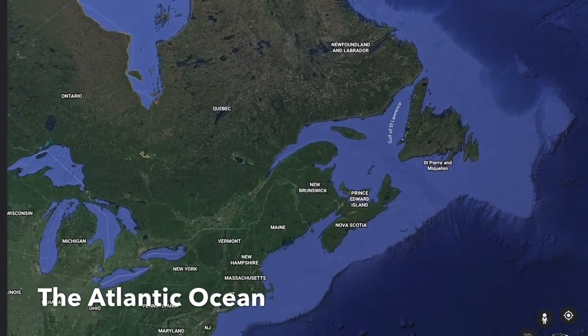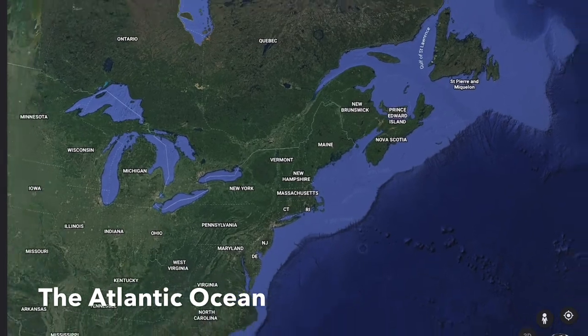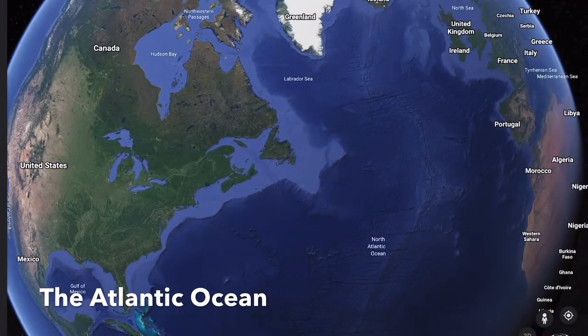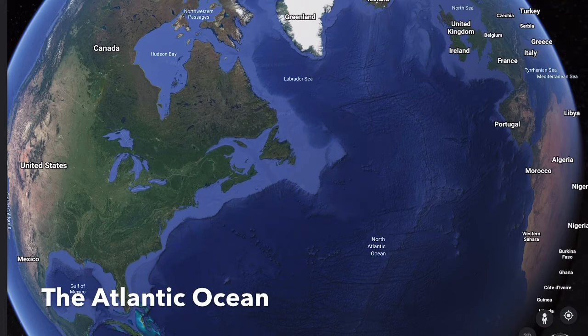So between Scotland and the USA, it is just the Atlantic Ocean. And in the Atlantic Ocean you can find whales and sharks and seals and lots of fish. And if you like tuna, a lot of tuna is caught in the Atlantic Ocean.